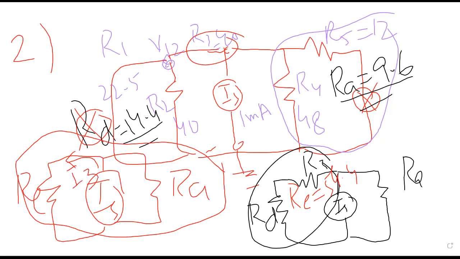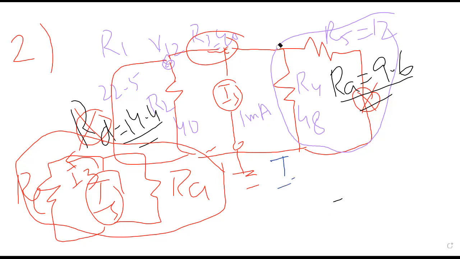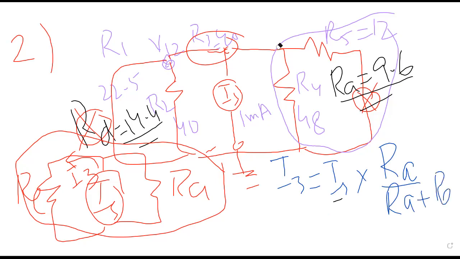The equation will be I3 equals IS multiplied by the resistance that are parallel, so this must be RA upon RA plus RE.